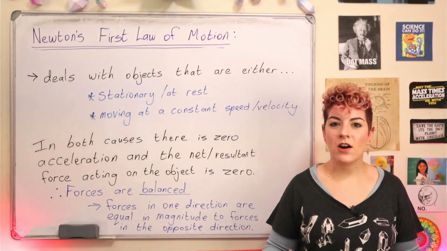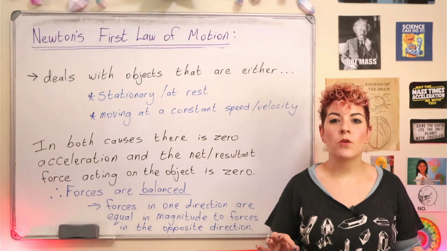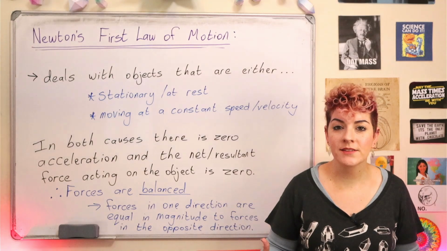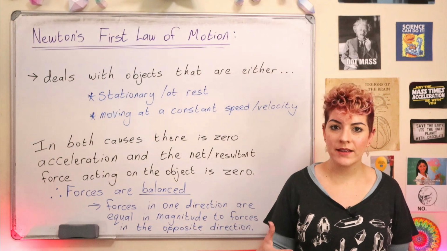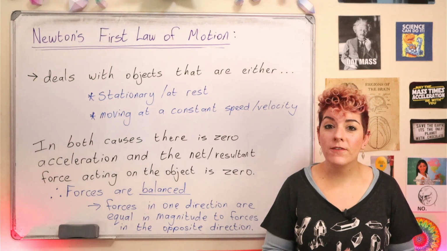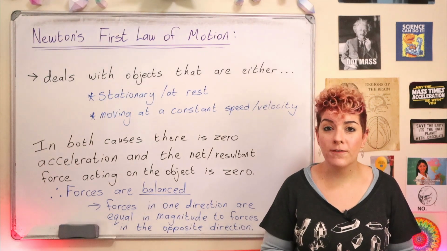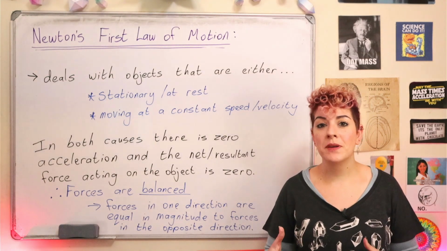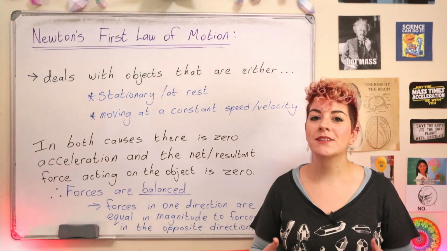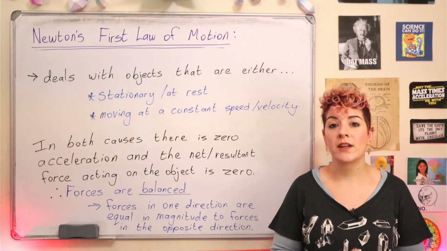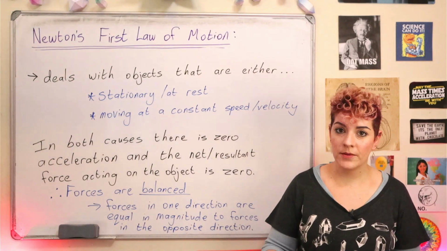Okay, so moving on, Newton's first law deals with objects that are either remaining stationary or at rest, in other words, not moving, or they are moving with a constant speed or velocity that isn't changing. And they will tell you what type of motion the object has in the question.